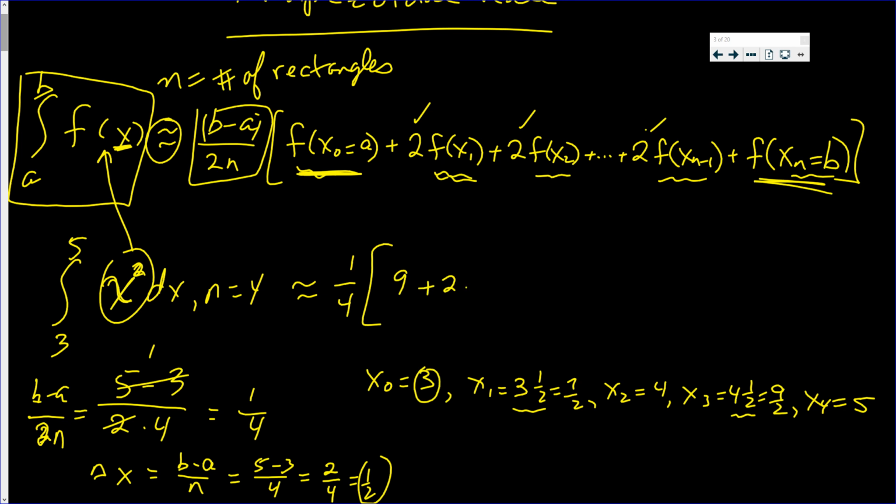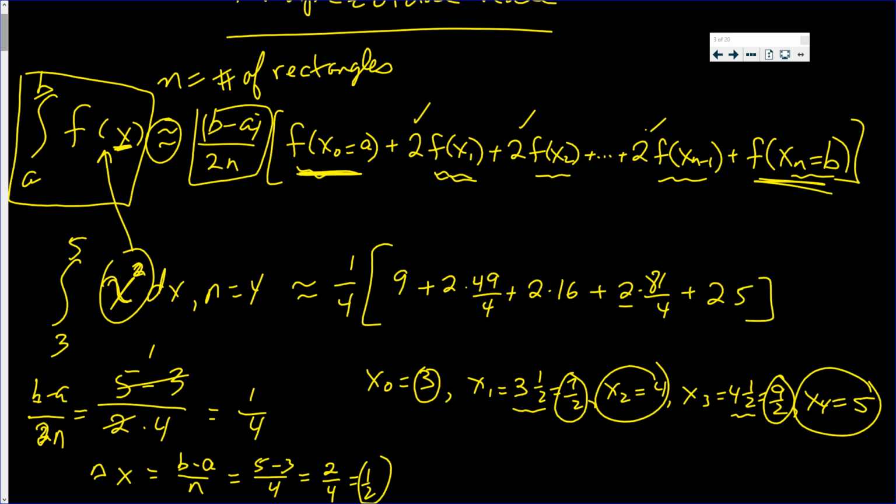Then I'm going to square the next number, which is 49 over 4, plus I'm going to square the next number, 2 times the next number, always 2. 2 times the next number is 16, plus 2 times 9/2 squared, which is 81 over 4, plus, this is the last one, so I don't multiply by 2, and I get 25.